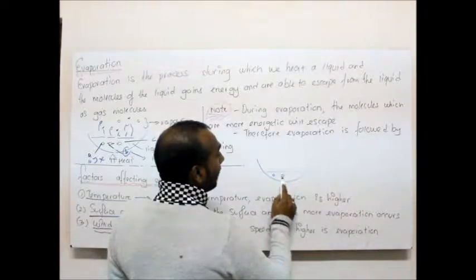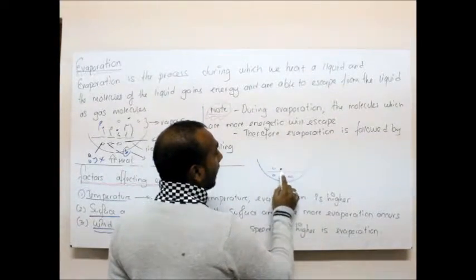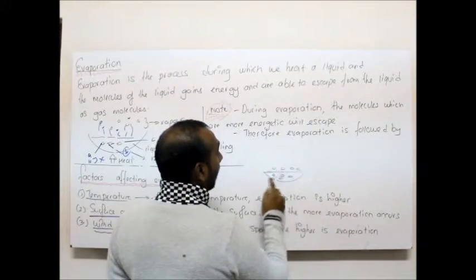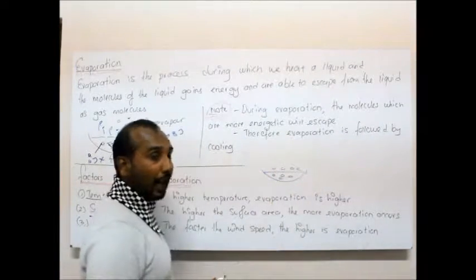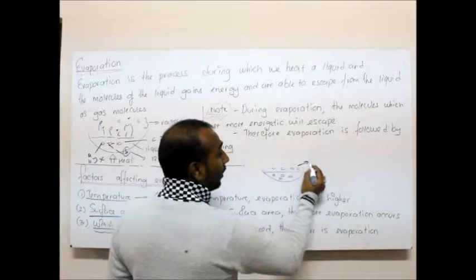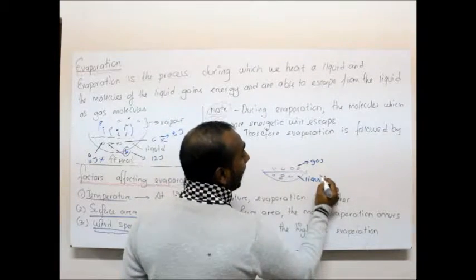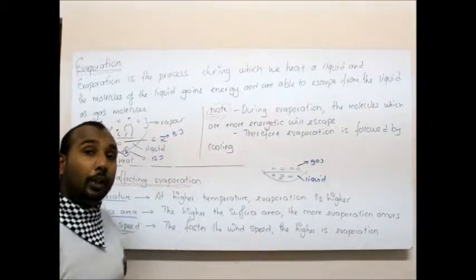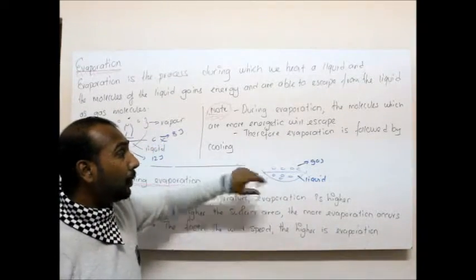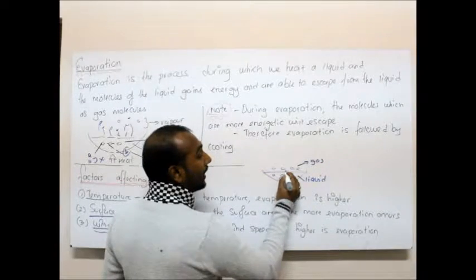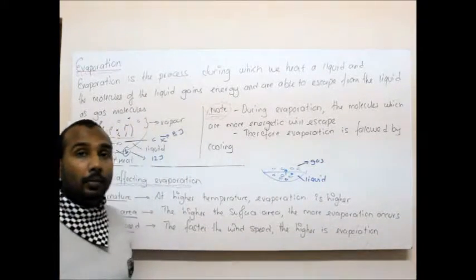The molecules in the liquid have escaped and have come to the surface of the liquid like that. Now, if there is no wind, what will happen? The gas molecules will remain on top of the liquid. If they stay here, they will prevent other molecules from escaping the liquid and becoming a gas.